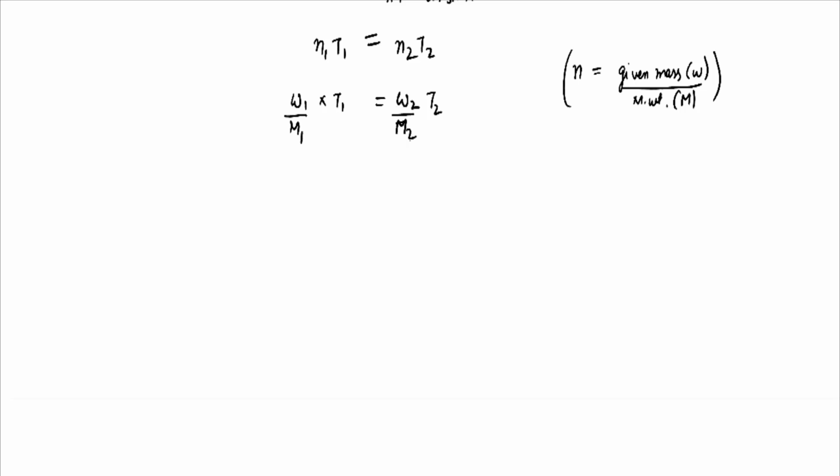Putting the values: 3.7 gram of gas upon M1 into temperature of gas, 298 Kelvin, equals 0.184 gram of hydrogen upon molecular weight of hydrogen into temperature of hydrogen, 290 Kelvin.